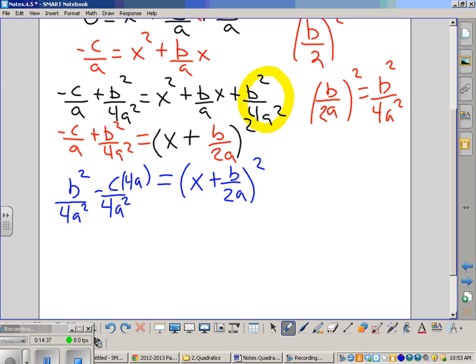So cancel, that would be negative c over a, perfect. You guys see how this is sort of materializing into the quadratic formula? So I'm going to get the common denominator in the left-hand side to be b squared minus 4ac. That's the discriminant in the quadratic formula.